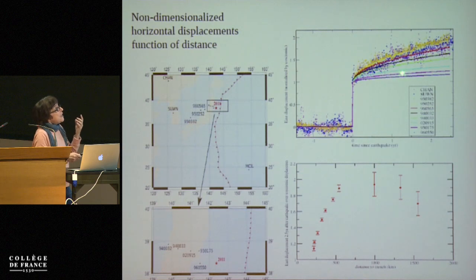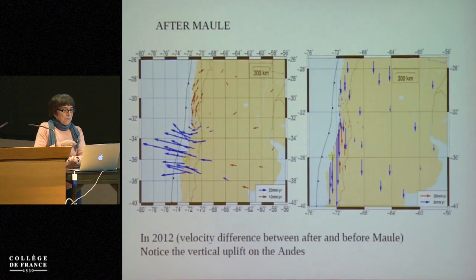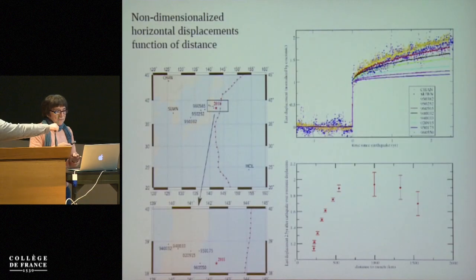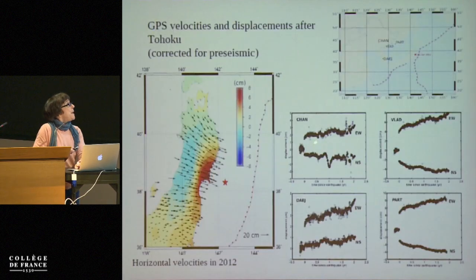That is just, if you want, the height of all these curves compared to the co-seismic, as a function of distance to the trench, and we get this type of curve. We'll come back to this curve and see what it tells us physically. And this was the case for Japan.